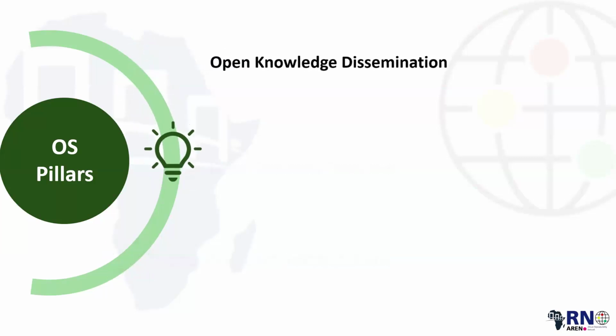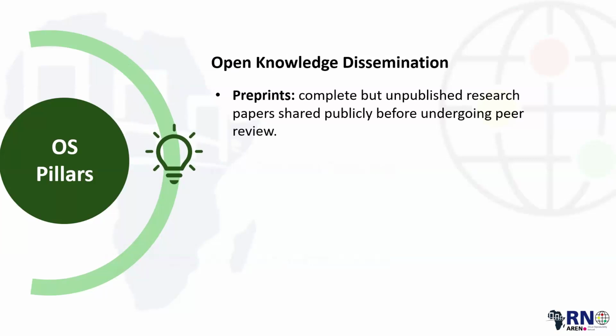So if we look at open knowledge dissemination, for example, one of the tools that open science uses for open knowledge dissemination is preprints. Preprints are basically complete manuscripts that have not yet been published in a journal, but are made available for everyone on certain servers. There are certain preprint servers, and again, we can talk more about preprints.